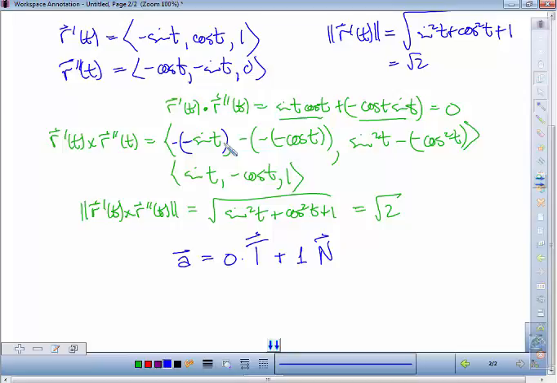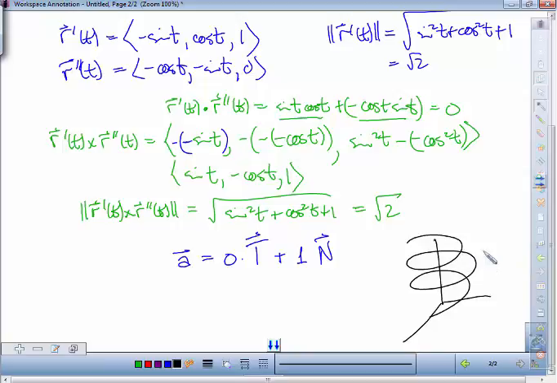Okay. So let's see the quick visual of this. We have our helix. Now, if you look at it from straight down, it's just like a circle, right?